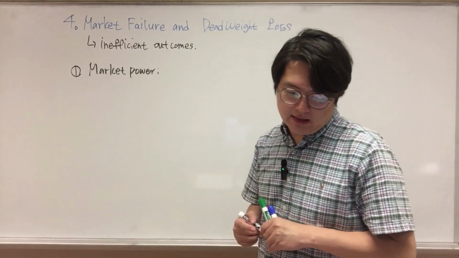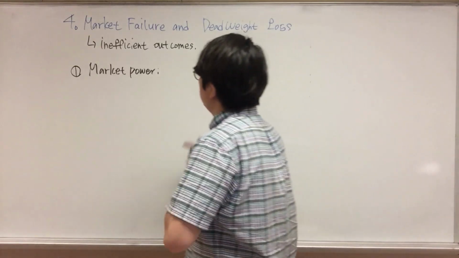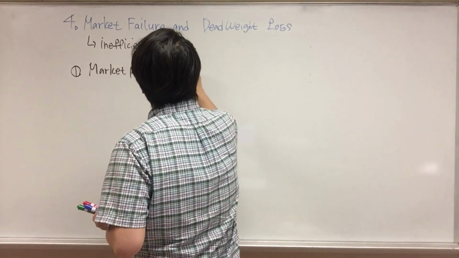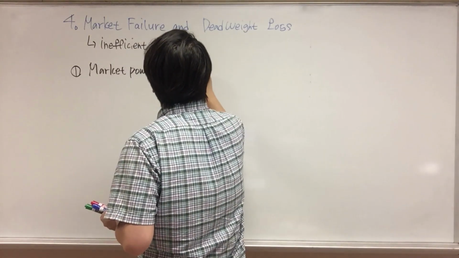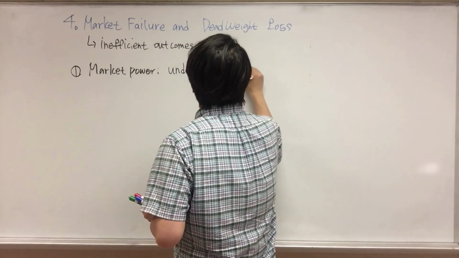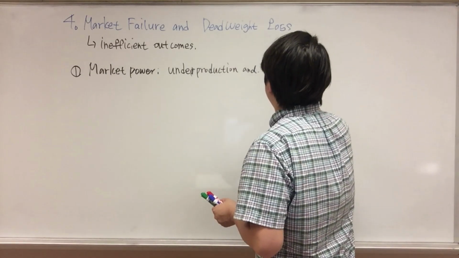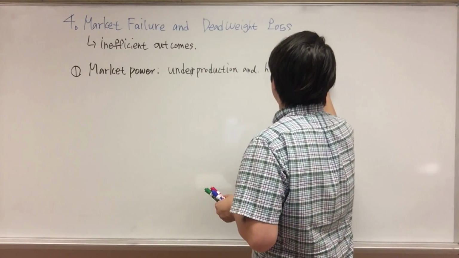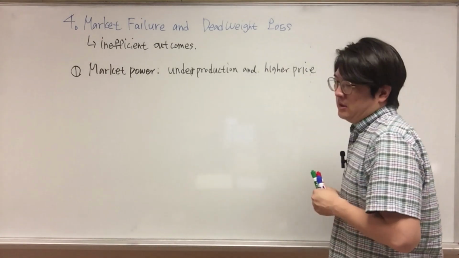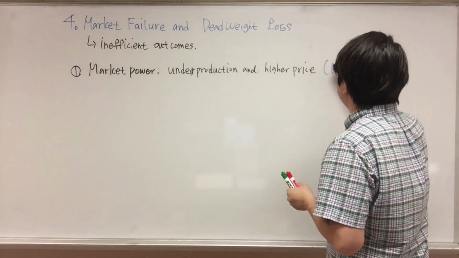So in this case, we have inefficient outcomes because they usually underproduce, with a higher price. Okay. Example is monopoly.